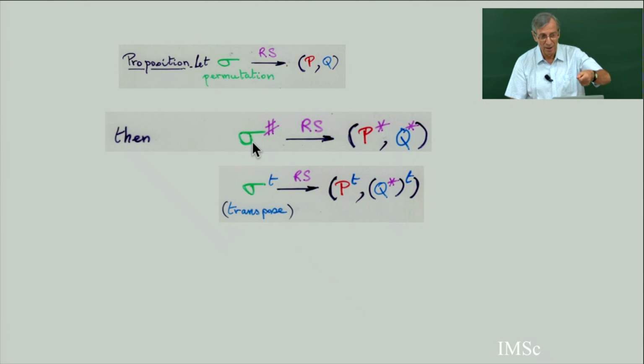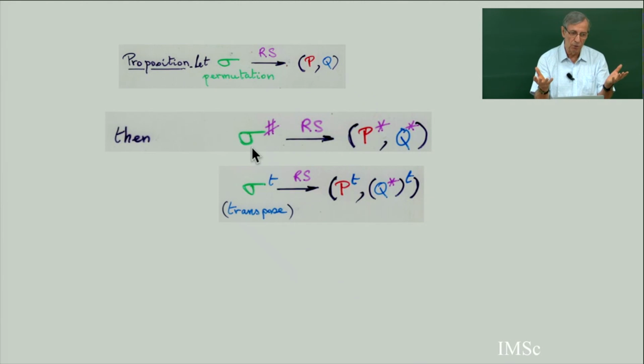You replace i by n plus 1 minus i. And these two generate the dihedral group. All the symmetries of the square plus the inverse are generated by these. So making all the symmetries of the square means, for the pair PQ, maybe you exchange P and Q, maybe you take the dual, or maybe you take the transpose of the Young tableau.